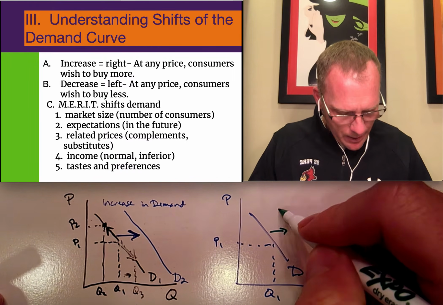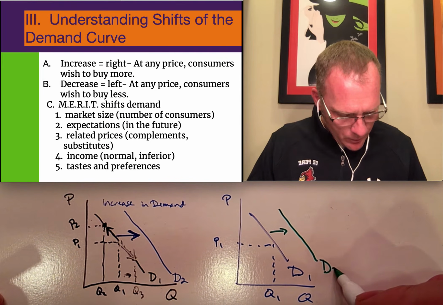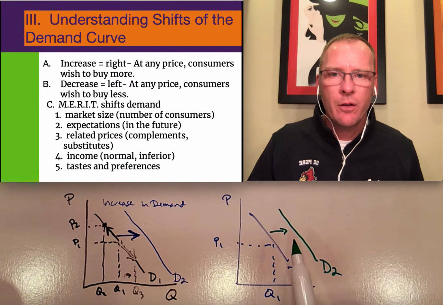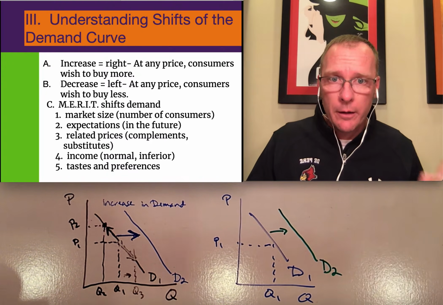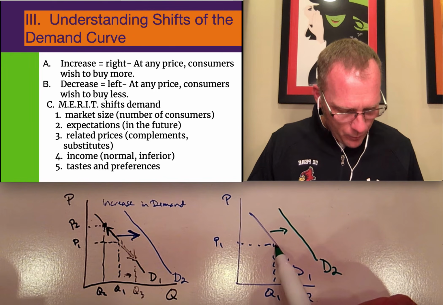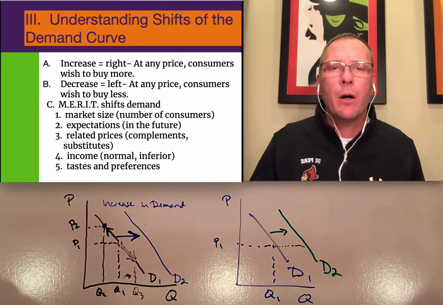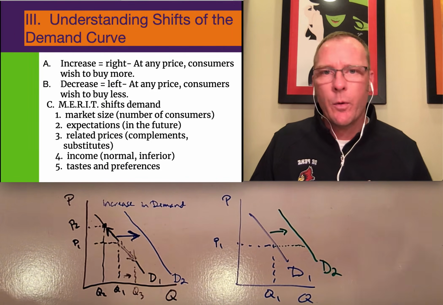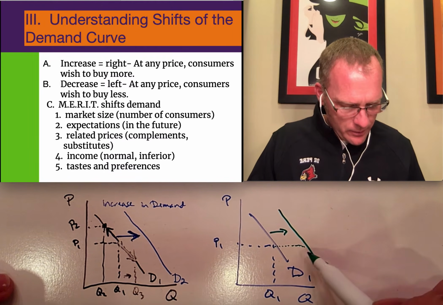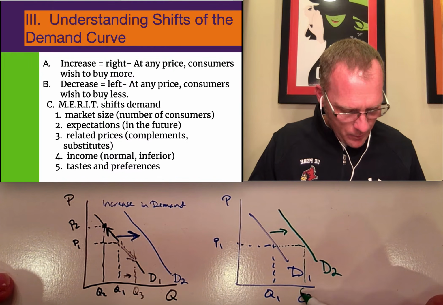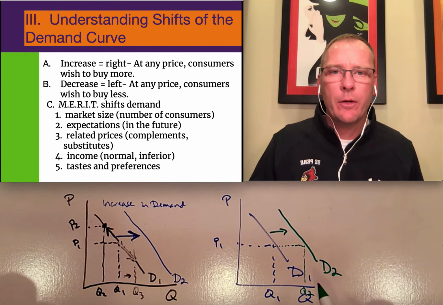If that's the case, I'm going to see demand shift to the right. And what's going to happen is demand is going to shift, which could, in theory, keep our price, at least for the time being, exactly the same. People aren't going to be able to change the price as quick as maybe demand has changed. So the price here stays exactly the same, but what has changed is my quantity here is now increased.